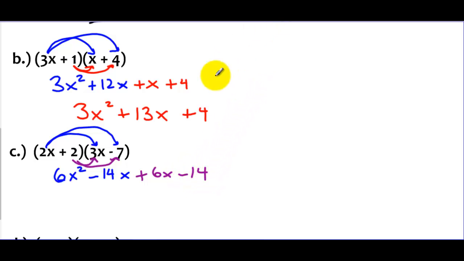So when I combine these together, 6x squared, the middle combines, -14x plus 6x leaves me with -8x, and then -14 at the end. So I would say 6x squared minus 8x minus 14 is going to be the product of these two terms.